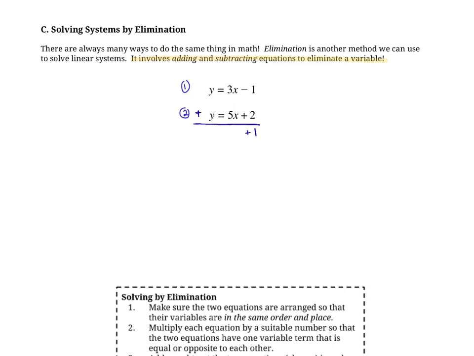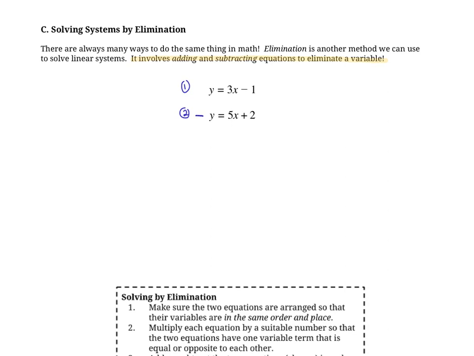And then 3x plus 5x becomes 8x. We bring down that equal sign, and y plus y equals 2y. Now, did we eliminate one of the variables? No, we didn't. So we need to actually subtract our two equations.